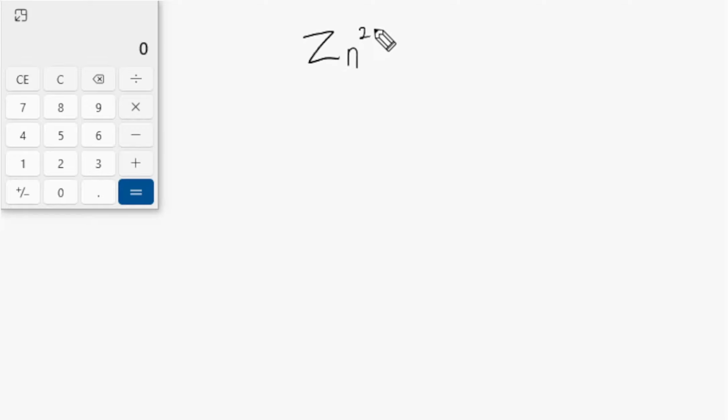We know that this is zinc ion, and definitely there will be 2e to discharge, right? And this will give zinc in solid form. So now if we discharge this zinc this way, it means that we have 2 farads for the mass of zinc here.